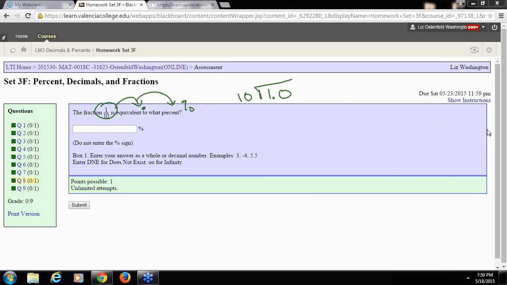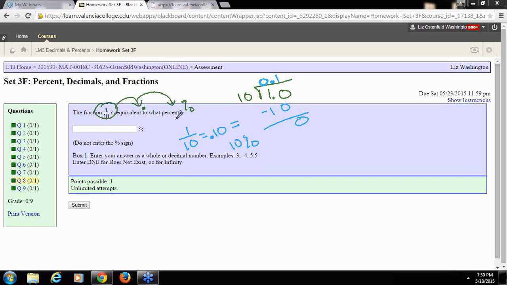So 10 cannot go into 1, right? So I'm going to have my decimal up in my answer. 10 cannot go into 1, so I'm going to put a 0 there. But 10 can go into 10 one time. So I get a remainder of 0. So 1/10 is equivalent to 0.10 or just 0.1, which is also equivalent, very good, 10%.